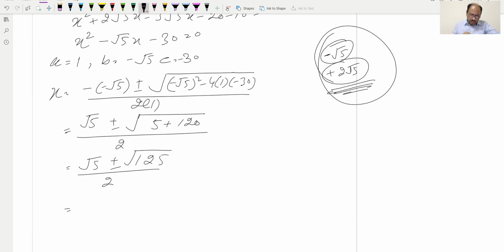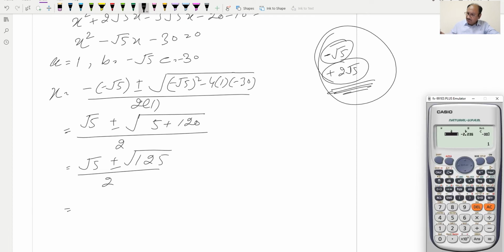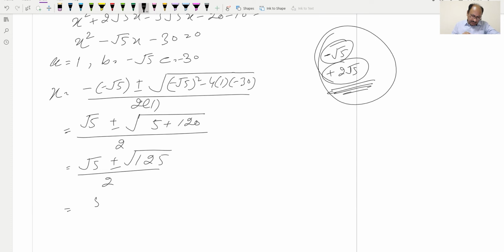We can take root 5 common, or we can write this as 25 into 5 is 125 basically. So what we can do, we can rewrite it as plus minus root 25 into root 5, over 2, and we can rewrite it as root 5 common over 2, and this will be 1 plus minus 5.